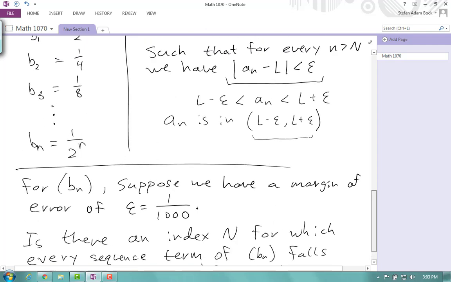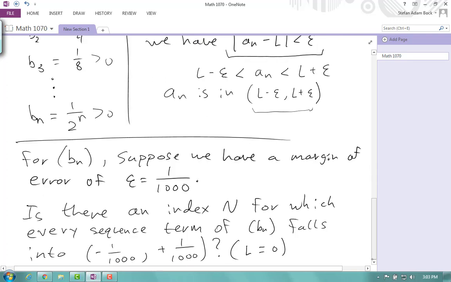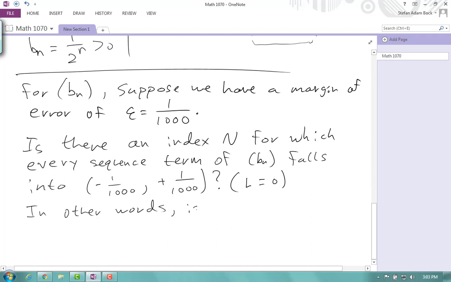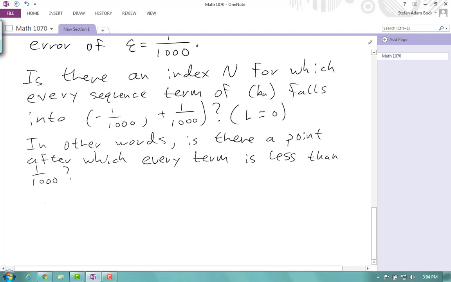I can cut my work in half a little bit, I suppose, because all of my b sub n terms are greater than 0. So in other words, is there a point after which every term is less than 1 over 1,000? And basically that answer is yes. We'll have to find out what it is though.